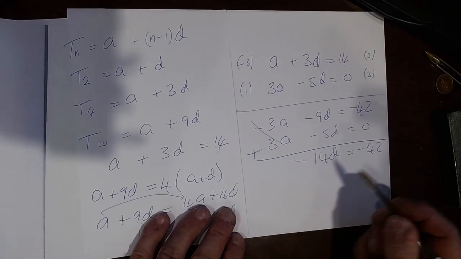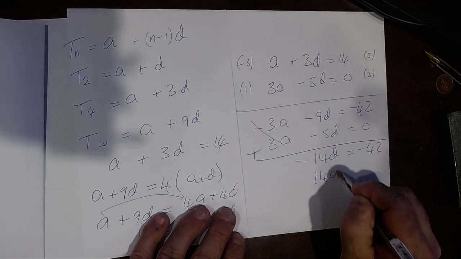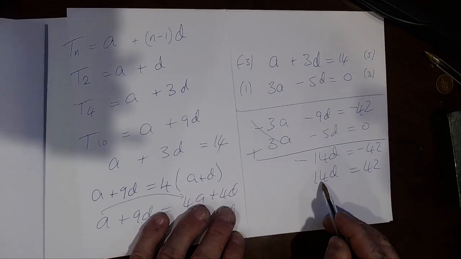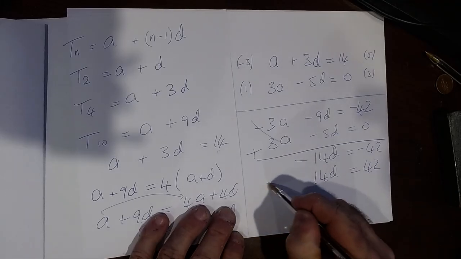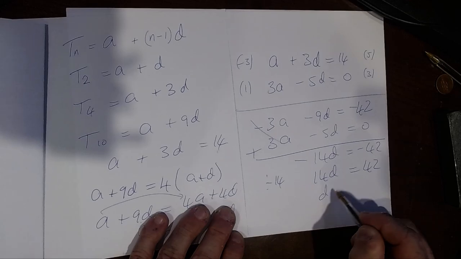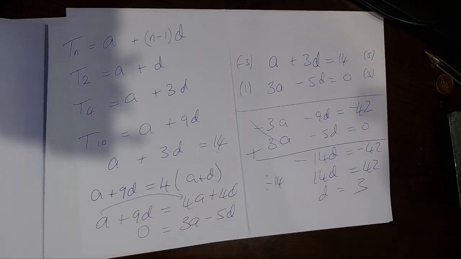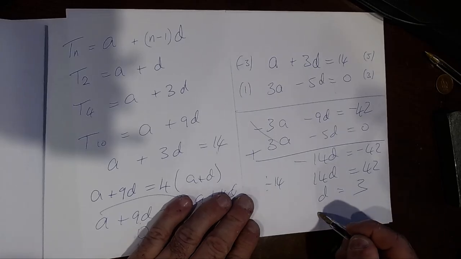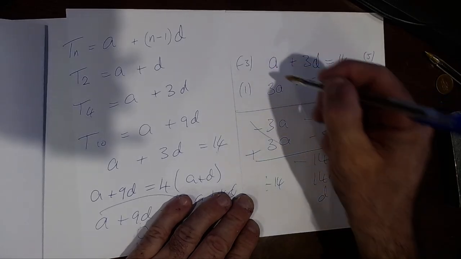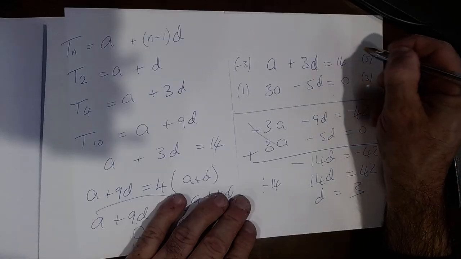Change the sign of both sides. Divide by 14. And we get D equals 3. Go back to get A from the top line here. Call it equation 1.